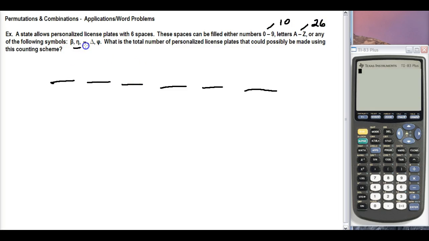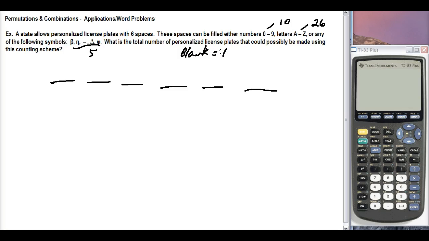And of course, all this totals out to be 5. Now, the key to making sure that you get this particular problem correct is to realize that with personalized license plates, you could also have a blank as a space, okay? So we have to remember to include the blank. So here, the blank would take up 1 space as well.